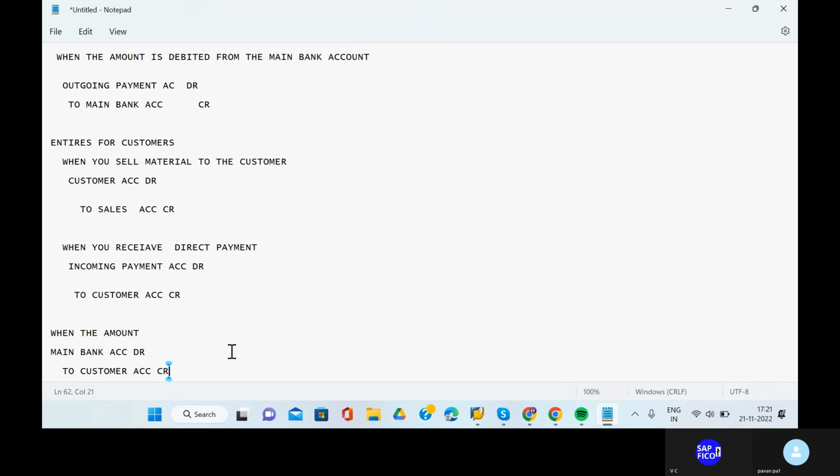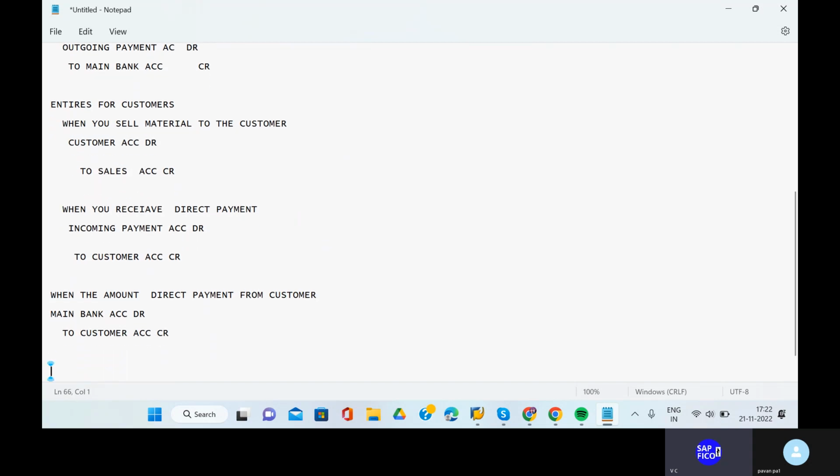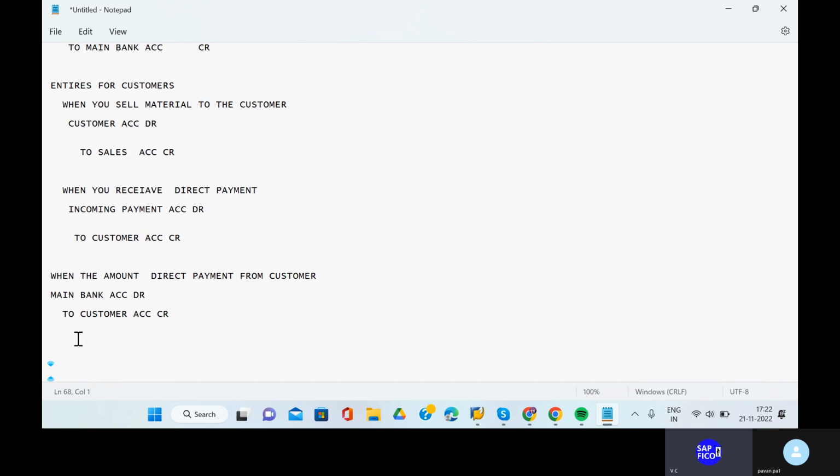Okay. Then next. The first important thing here is, when you have bank charges or bank commissions or other direct expenses, what will be the exact thing here? Already I have explained this, bank charges for vendors as well as customers.